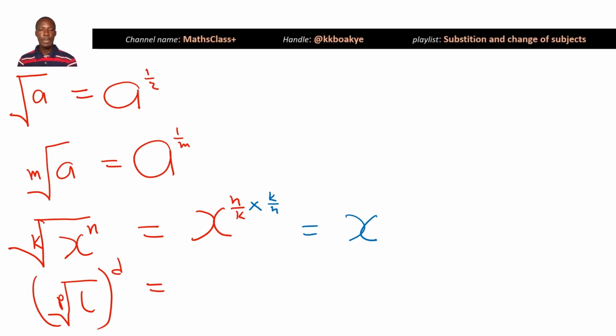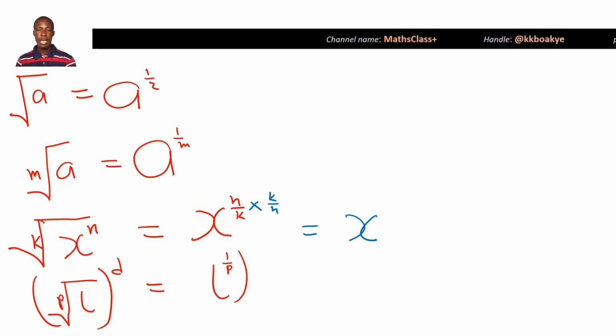This one too can be written as l to the power 1 over p. Then everything here is raised to the power d. This is also the same. So you multiply the two exponents and get l to the power d over p.